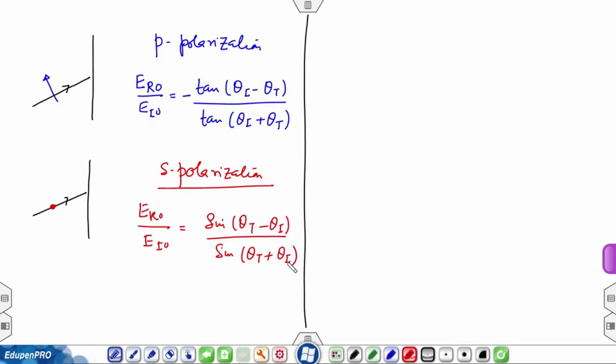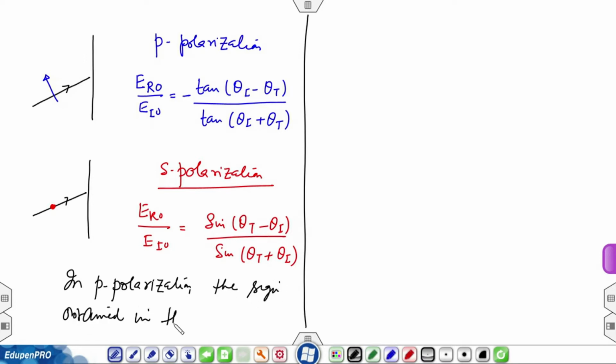If you are following the notation in Jackson, you will see that in P polarization, the sign obtained in these lectures is different from that in Jackson.